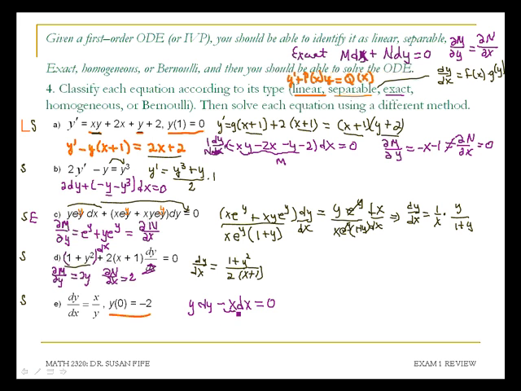Here's my M, partial derivative of M with respect to y is going to be 0, and the partial derivative of N with respect to x, because there's no x there, is also going to be 0. So E is also exact.